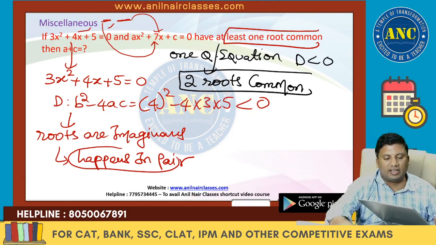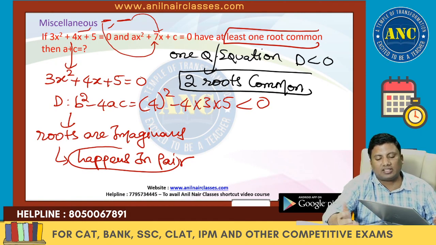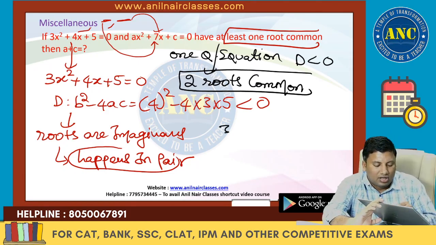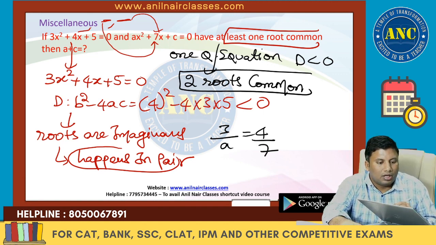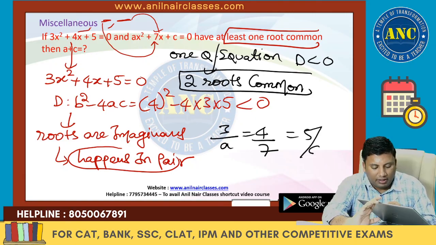So one root common, obviously the other root also will satisfy. So the answer is 3 by a equivalent to 4 by 7 equivalent to 5 by c.